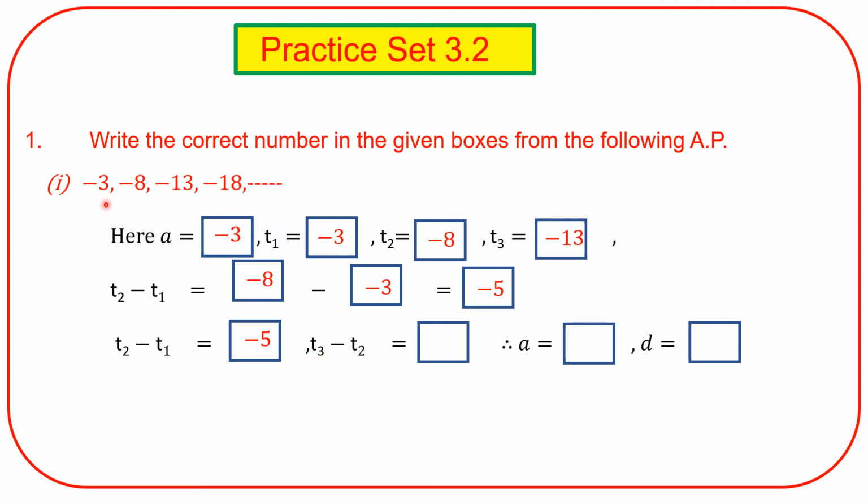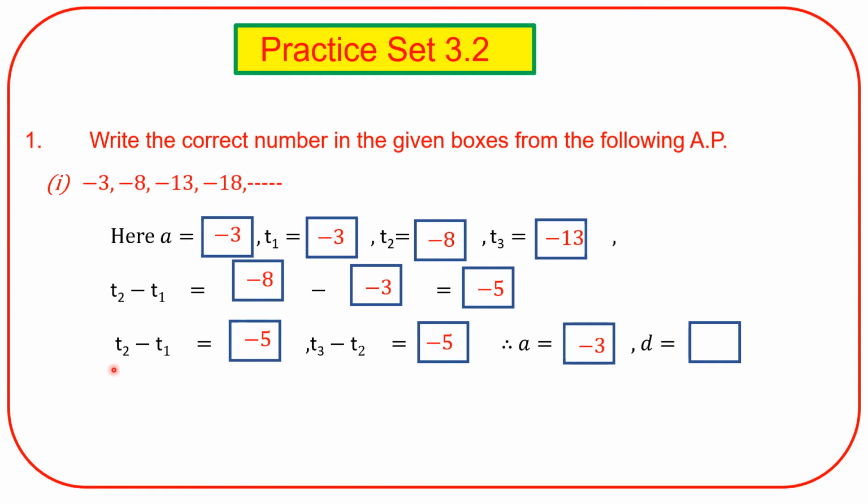Here, the given sequence is an AP. Therefore, the difference between two consecutive terms is always constant. T3 minus T2 is also equal to -5. You may confirm from -13 minus -8. Now write down A is equal to -3.